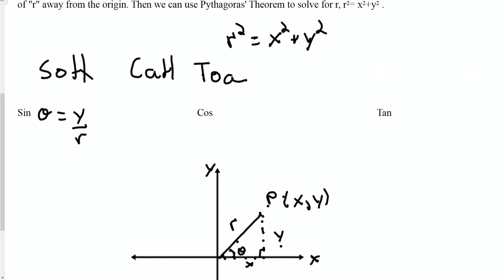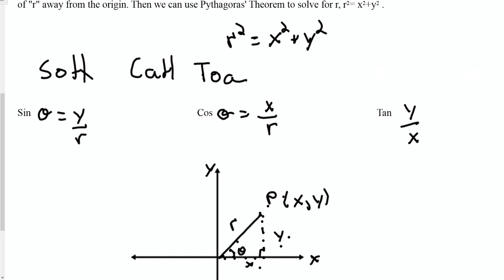Okay, and for cosine of my angle, it's adjacent, which would be my x value, over r. And then for tangent, it's just going to be opposite, which is my y value, over adjacent, which is x. So tangent would be y over x. Okay, so if you have your x and y coordinates, you can find any angle you want. All right, which is really nice.